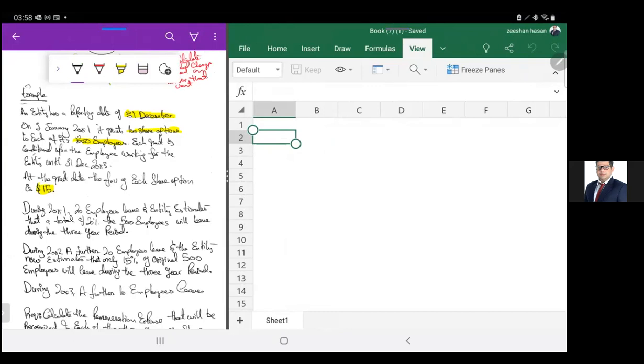The total expense recognized is based on the fair value of the share options granted at the grant date, that is 1st January 2000X1, right?